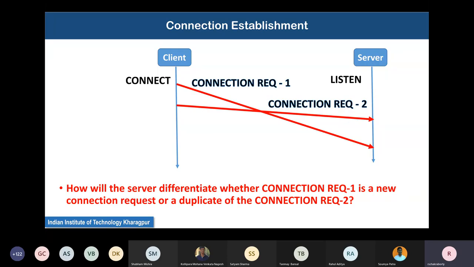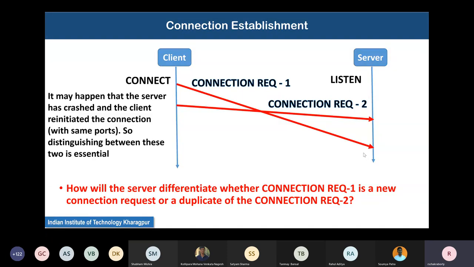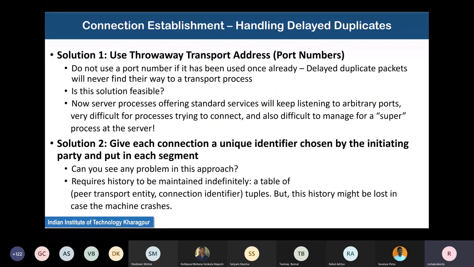This I am not using currently, so I'll reject this. So there is no possibility that the connection request 1 segment will be accepted at the server. So no problem. But then this is a huge pain, that there is no concept of standard ports actually. Okay, it's very, very difficult. So it is not feasible.